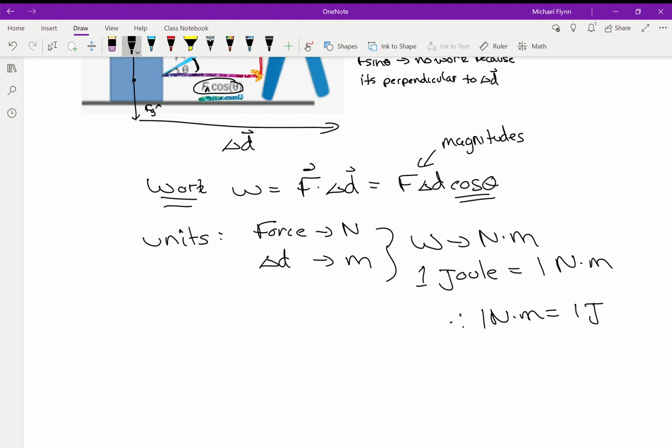Joule, you know that unit, that's for energy, right? Well, now you know what a joule is.